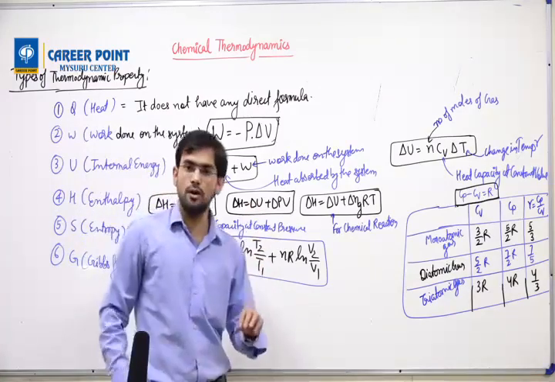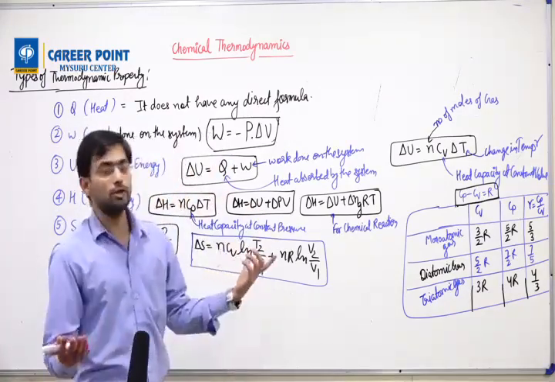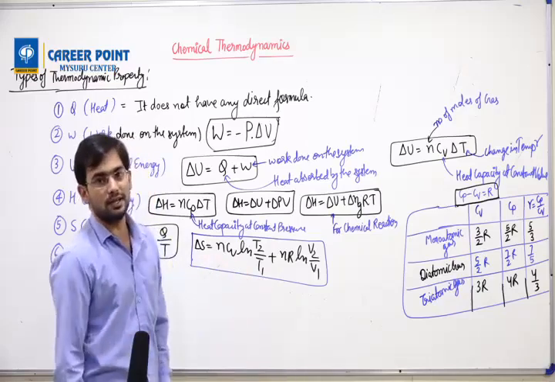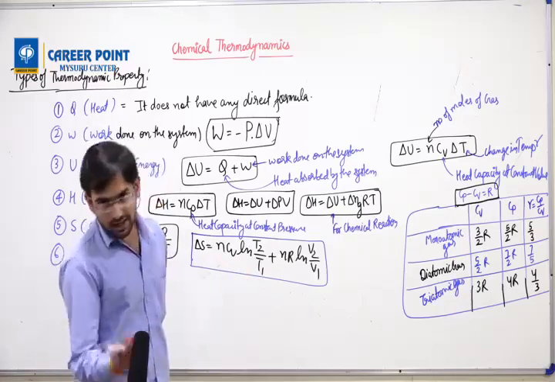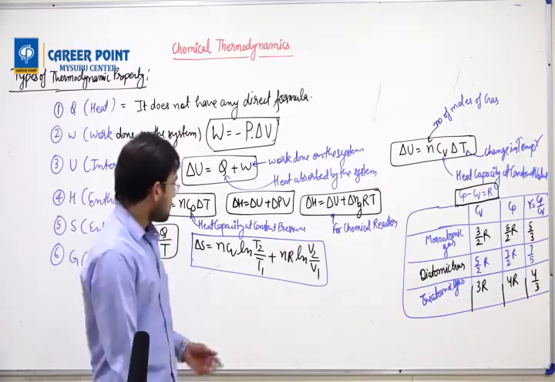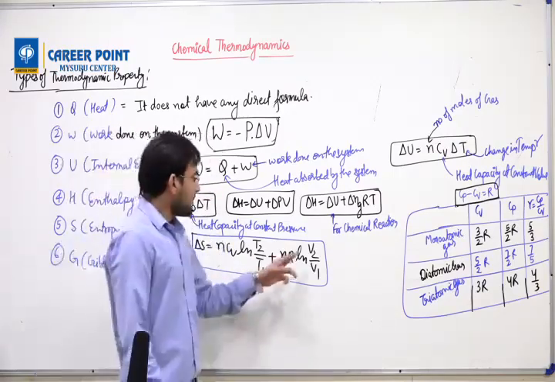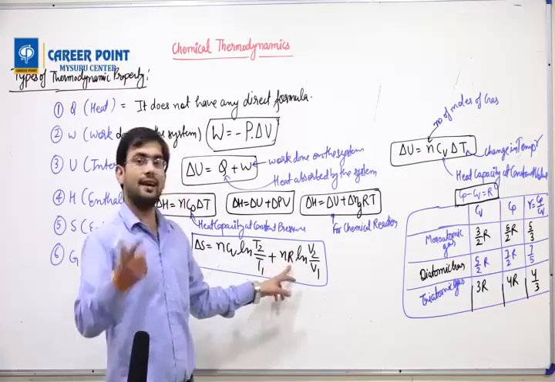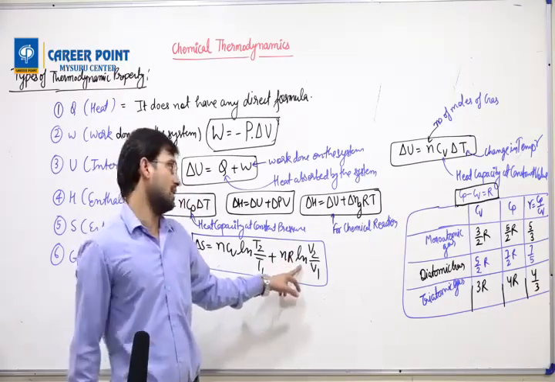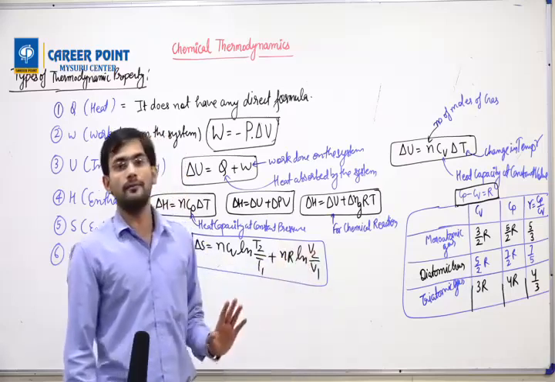This is another formula. What is n? Number of moles of gas. Cv, heat capacity at constant volume. ln is logarithmic, T2 by T1, final temperature by initial temperature. R, gas constant. ln, logarithmic base e, V2 by V1.